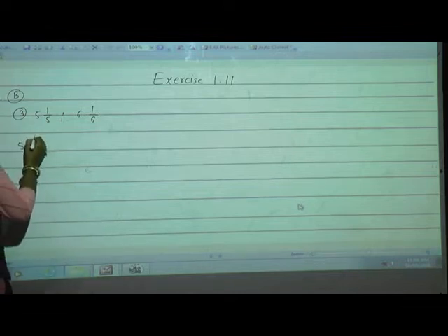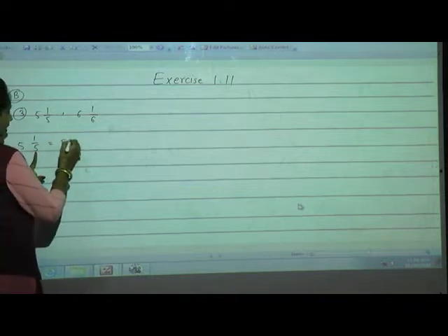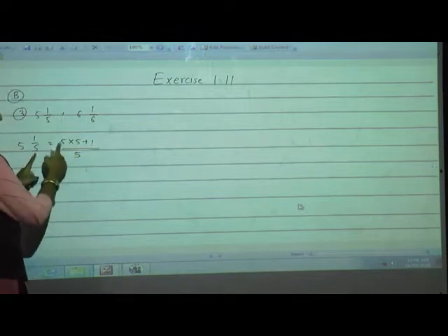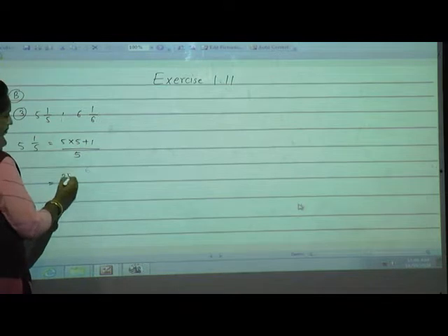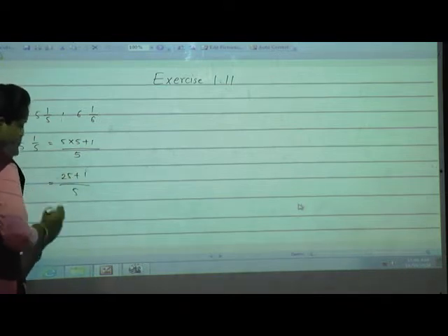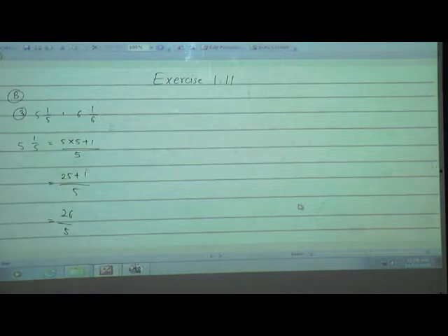First 5 1 upon 5. How do we convert, students? 5 multiplied by 5 plus 1, divided by 5. 5 5s are 25 plus 1 over 5. So 25 plus 1 is 26 upon 5, isn't it?